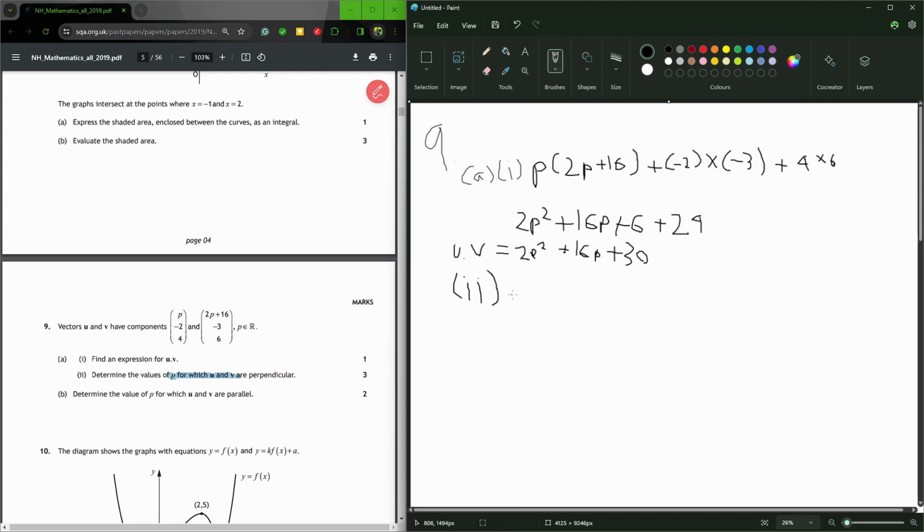So that means, when u and v are perpendicular.